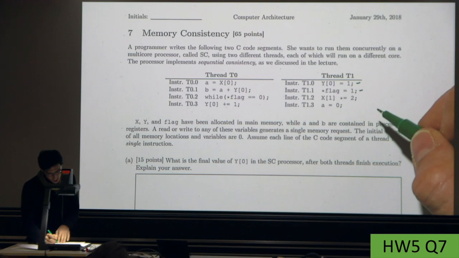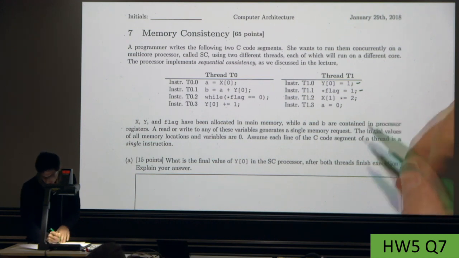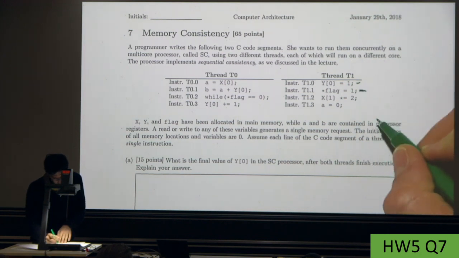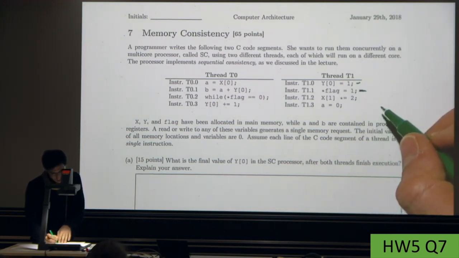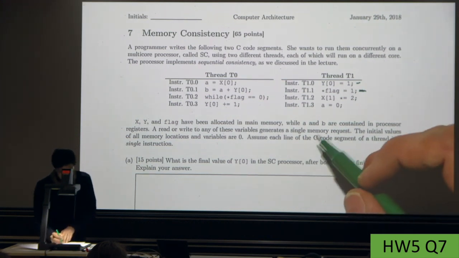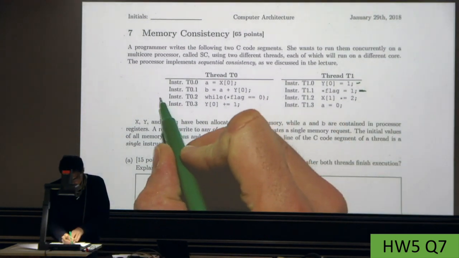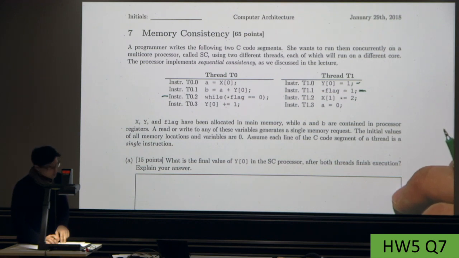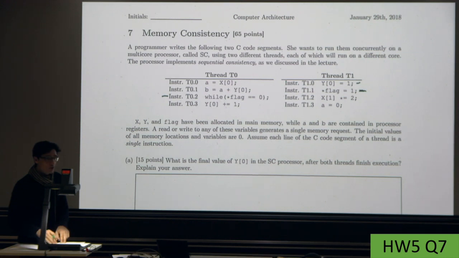from instruction T10. Another thing to observe here is that we are using this flag to synchronize in some way thread 0 and thread 1. Observe that instruction T02 is a while loop where thread 0 is going to check the value of the flag, and while the value of the flag is 0, it will keep looping there.